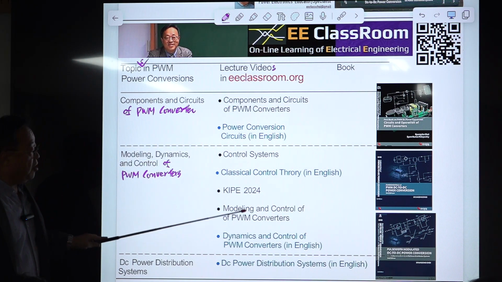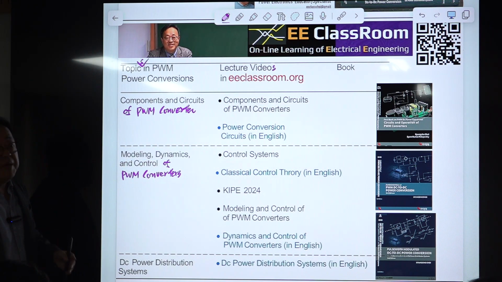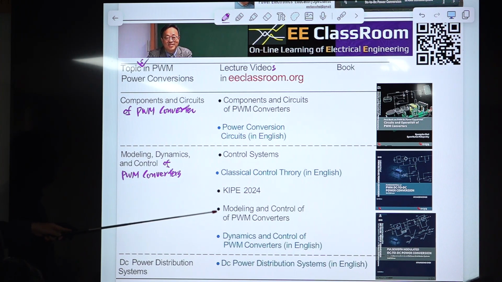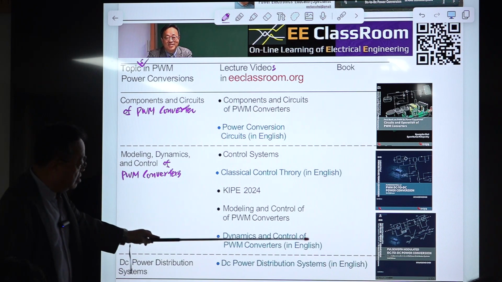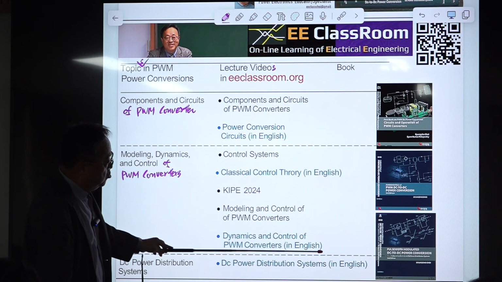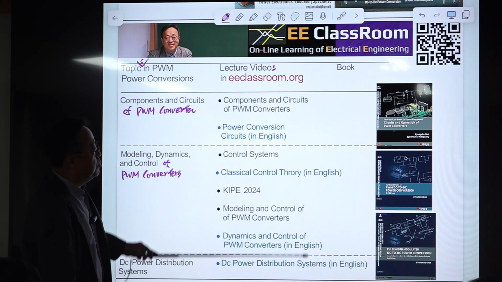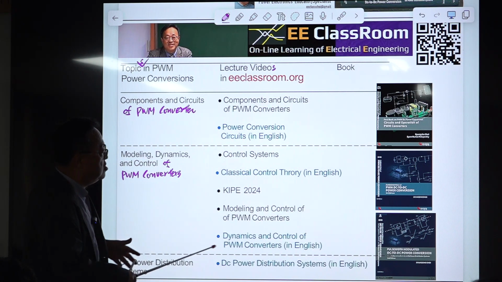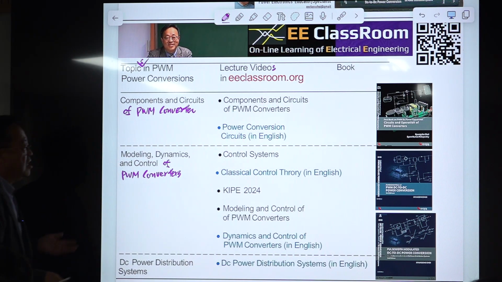For the basics about this, or maybe same things, but I revised some content of this. Okay, so this will be good, and this is the same thing, but this is for the foreign students. So this is done in a graduate lecture style. Okay, but basically they are the same. Okay, this one is more advanced, but basically the same.